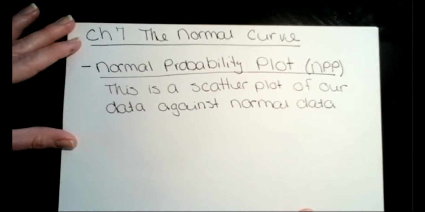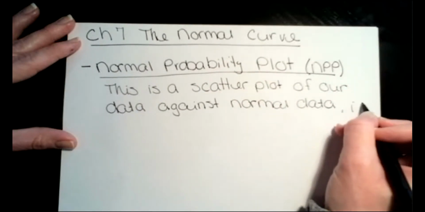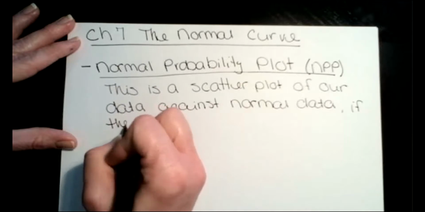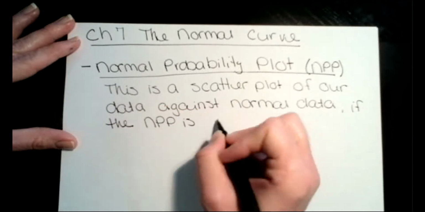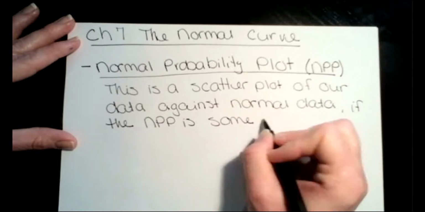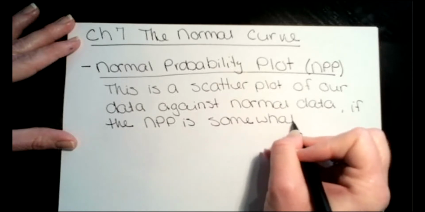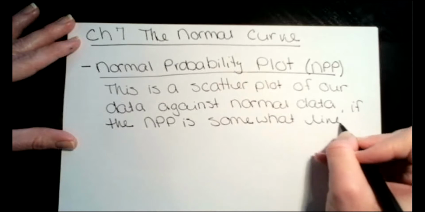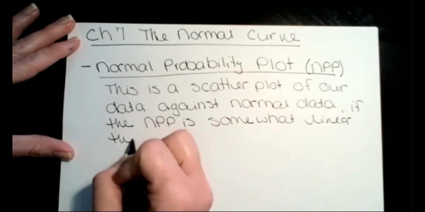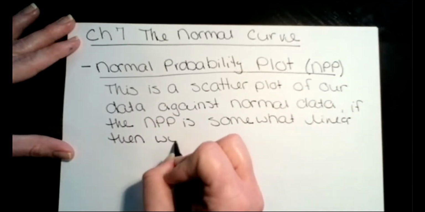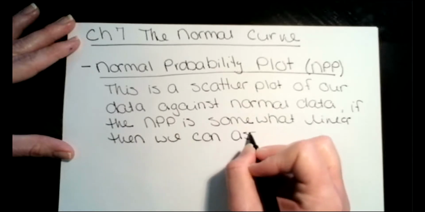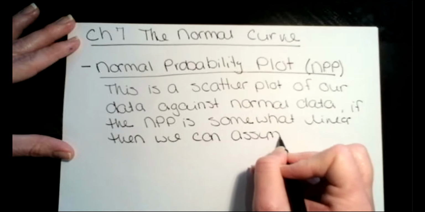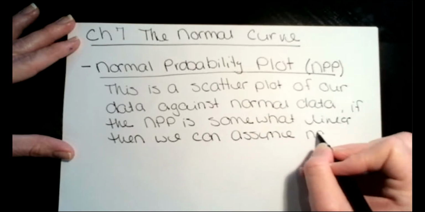So bell-shaped data. If the NPP is somewhat linear, then we would assume normality.